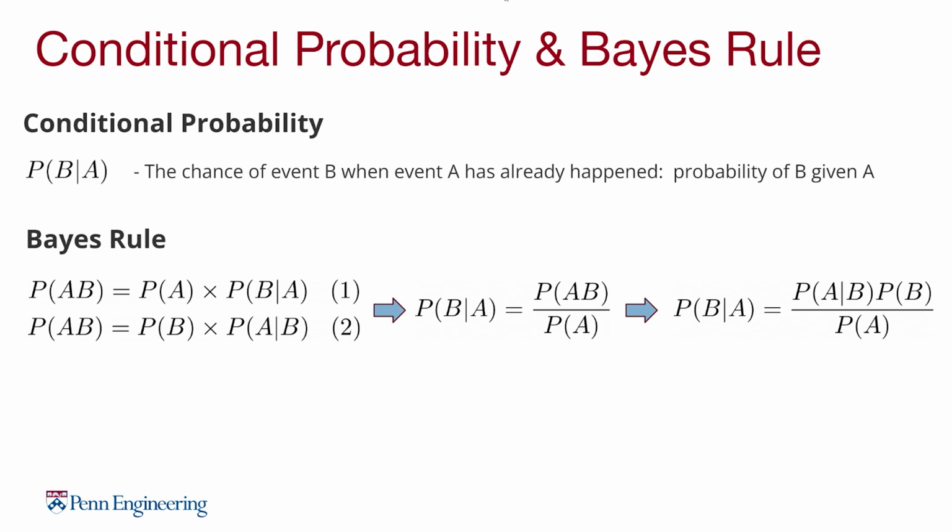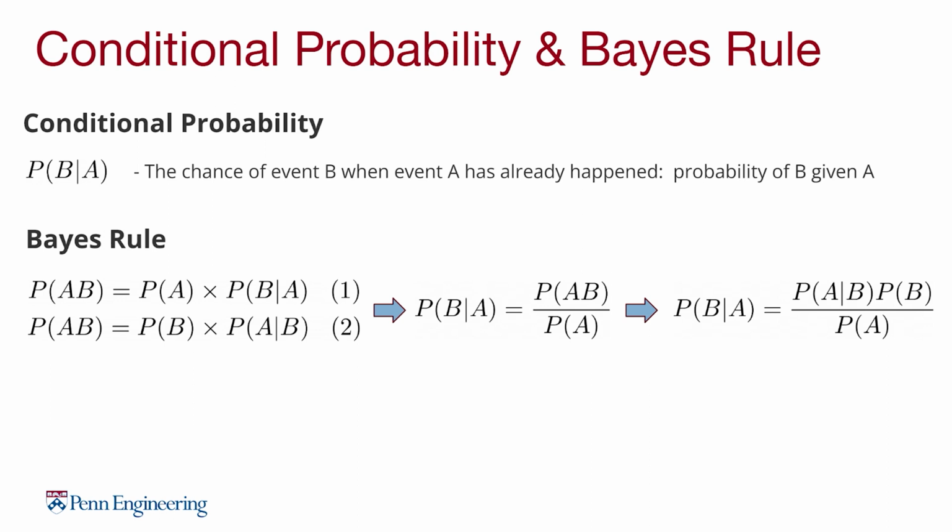We know the definition of the conditional probability is the chance of event B when event A has already happened, denoted as probability of B given A. If we know the probability of event A is P(A), and we know if event A has already happened, the probability that event B also happens is P(B|A), then intuitively, if we multiply P(A) by P(B|A), we will get the joint probability, which is P(AB).